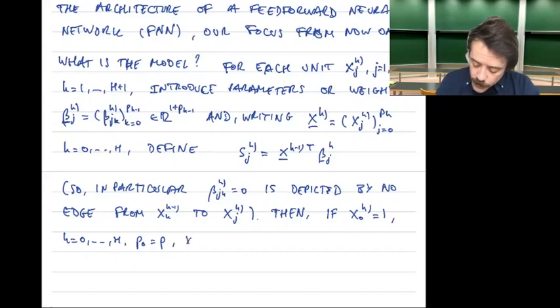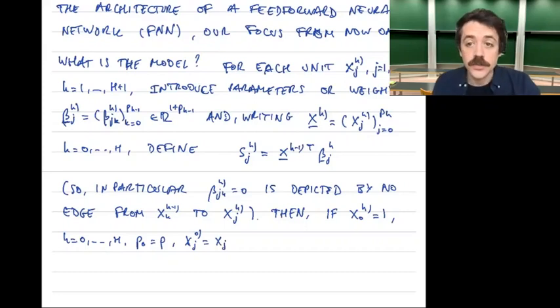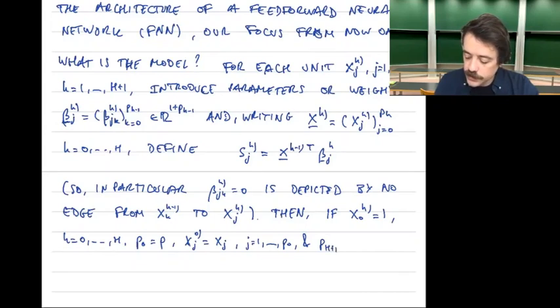And we're going to take the input layer units to be exactly the covariates, so not including the bias node, of course. And this is for j from 1 to p_0. Remember, p_0 is now p. And also let me take p_(H+1), the size of the output layer, to be this capital L that we have, which is the number of classes or categories.